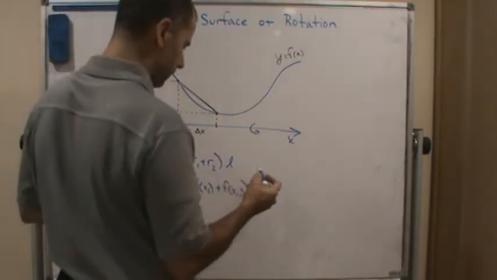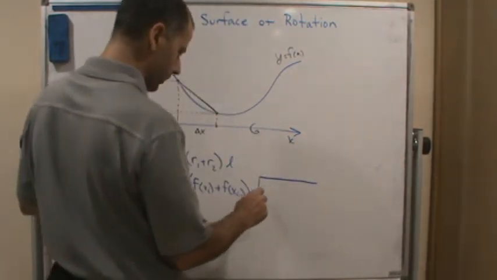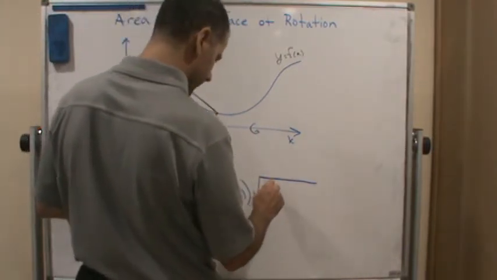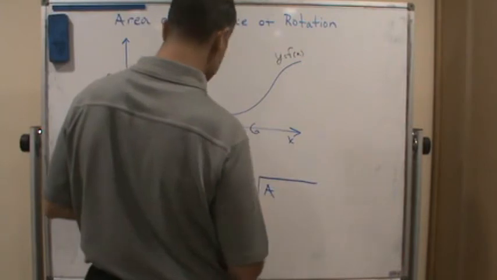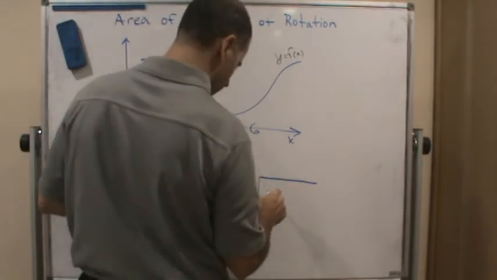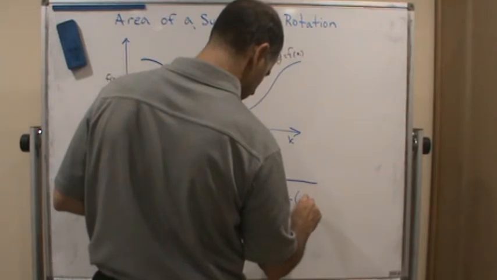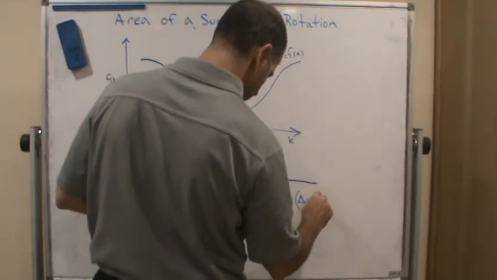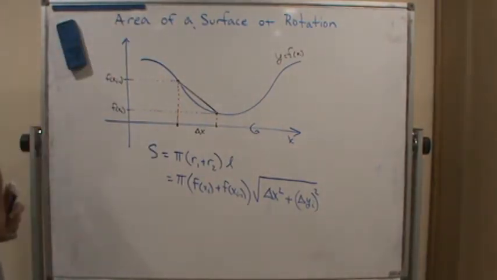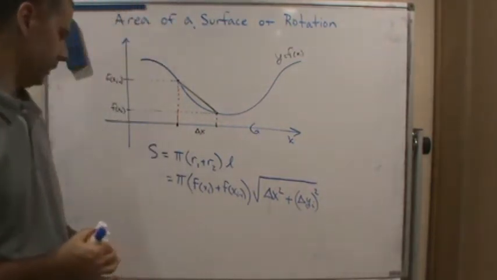So L we can replace with what we had before, which is going to be the square root, using the Pythagorean theorem, of delta x squared plus delta y sub I squared. Remember, this is just what we derived before for arc length.